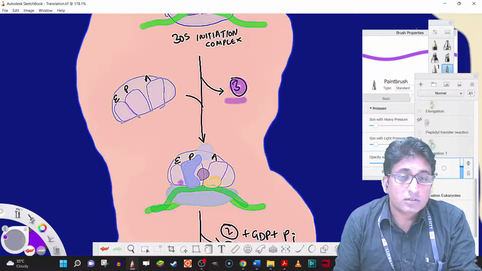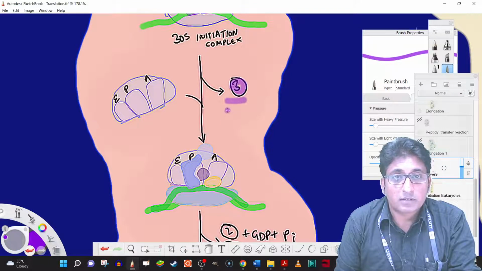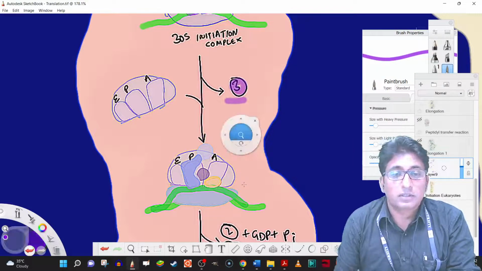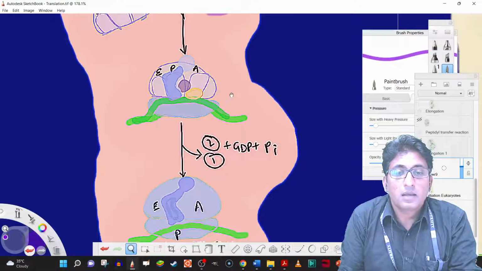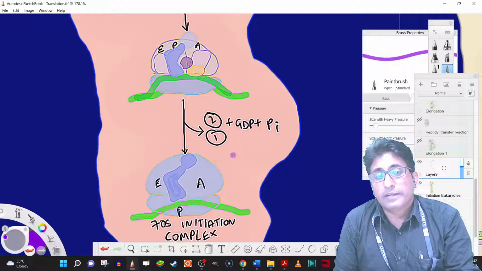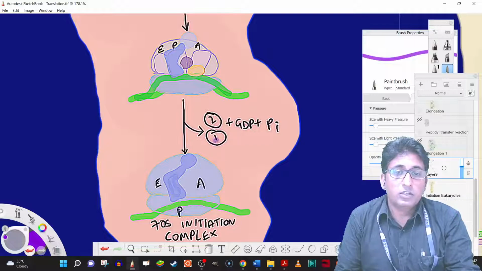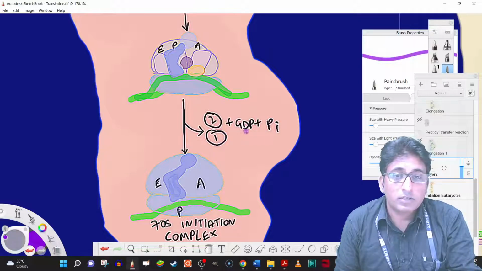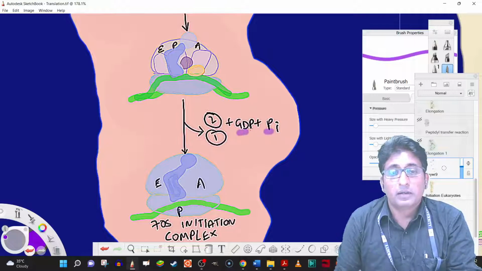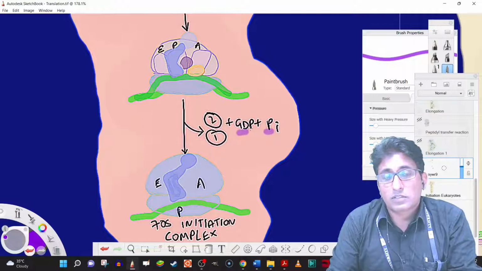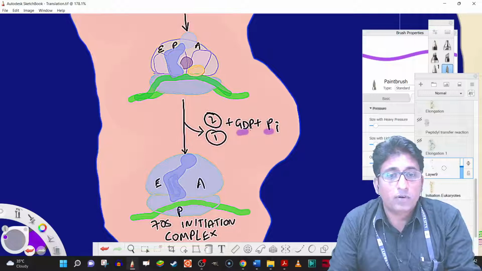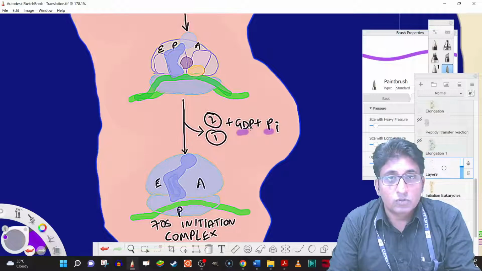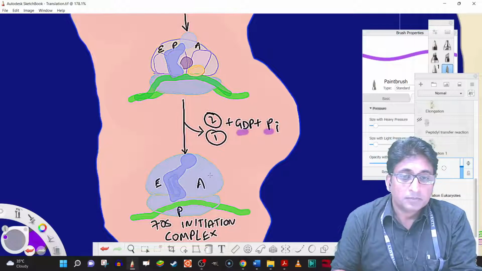So upon the loss of initiation factor 3, IF3, the large subunit will come and bind to the 30S subunit. And this is followed by the release of initiation factor 1 and 2, and the GTP that is bound to IF2 is hydrolyzed to GDP and Pi. So initiation factor 2 no longer has affinity for the initiator tRNA and the ribosome itself, so it will fall off.